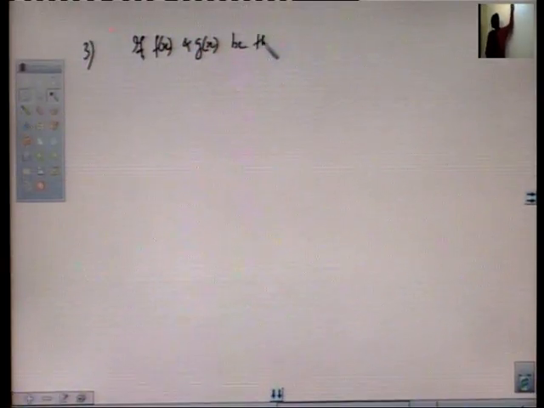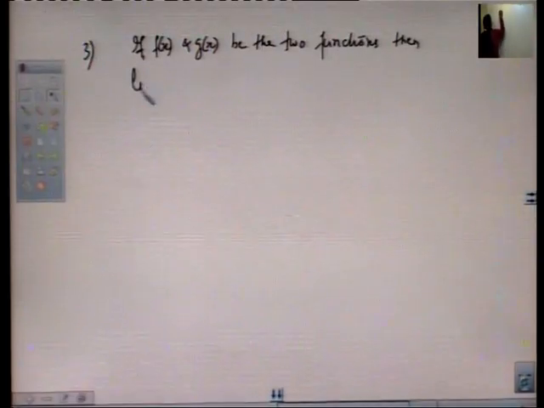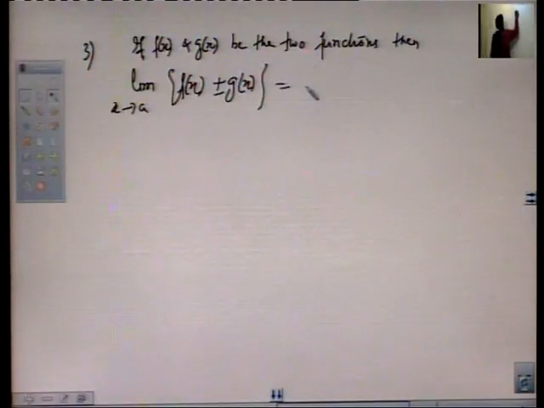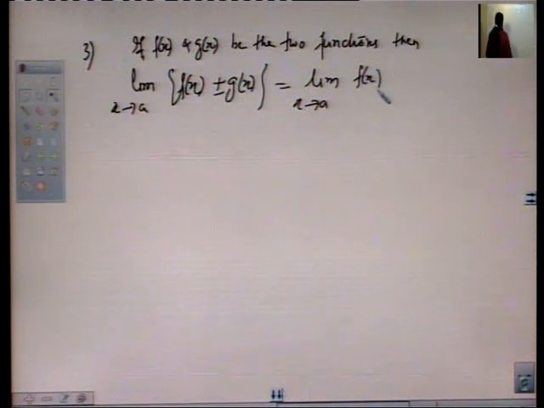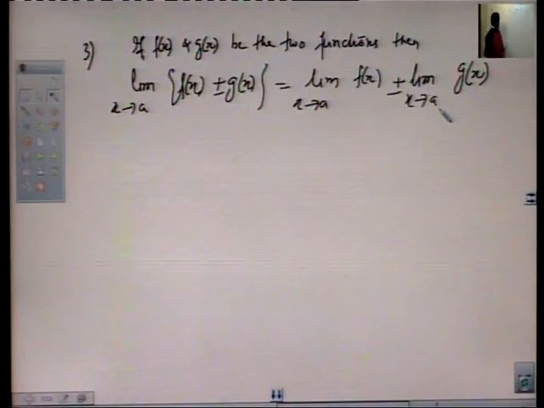Third point, if f(x) and g(x) be two functions, then limit of f(x) plus minus g(x) as x approaches to a can be written as limit of f(x) as x approaches to a plus minus limit of g(x) as x approaches to a.